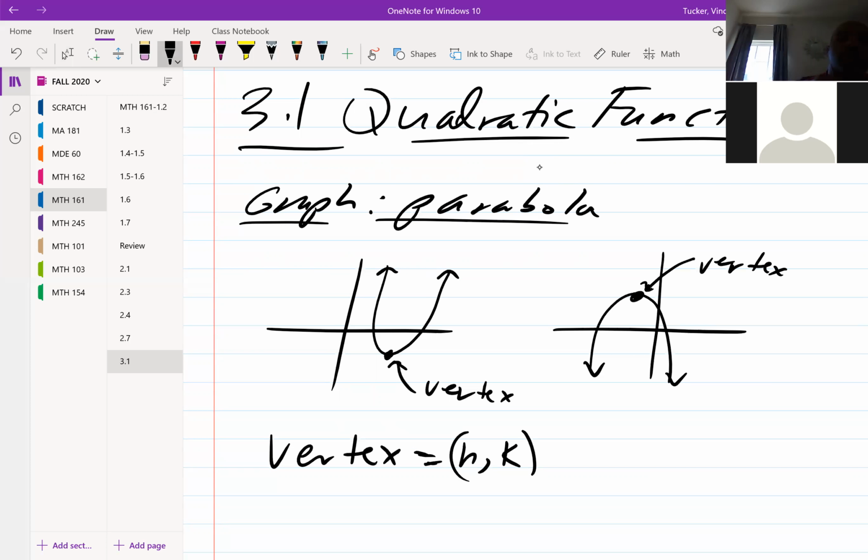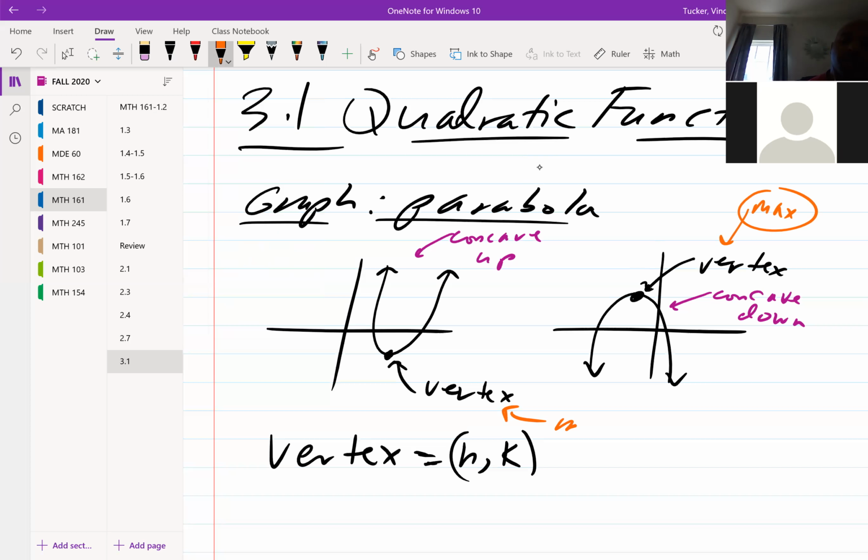So let me see this. That's concave up. This is considered concave down. And this vertex is a maximum.